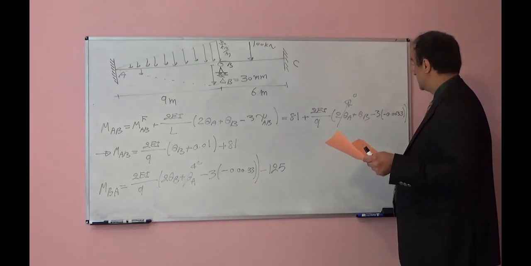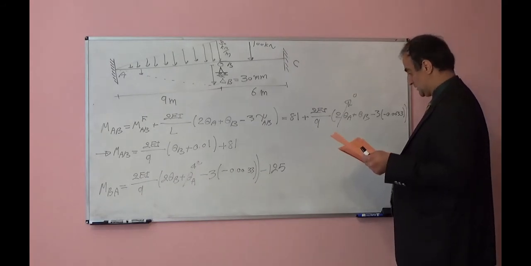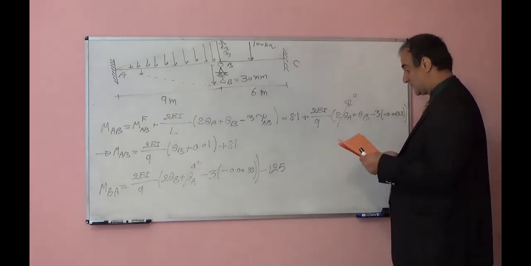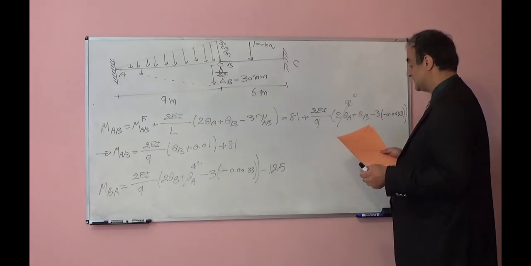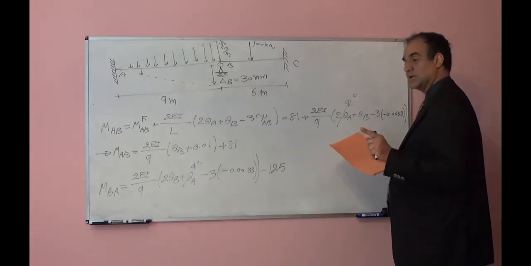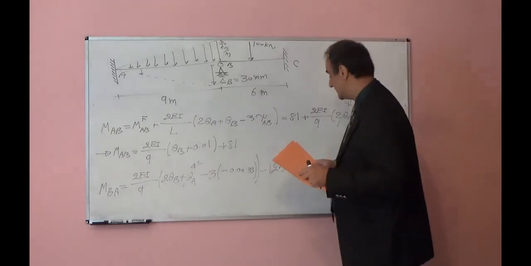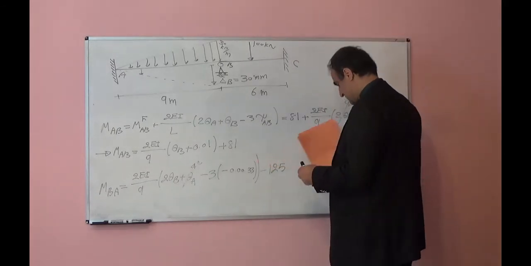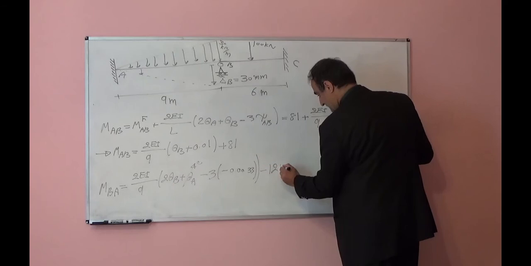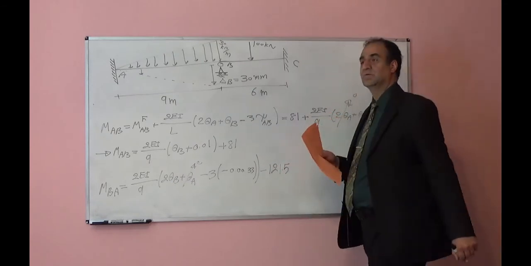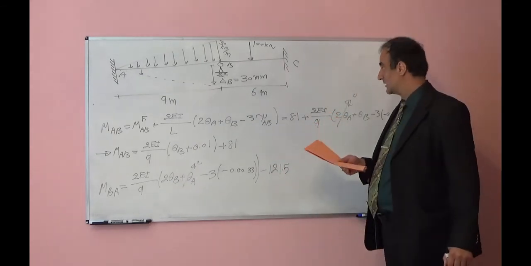Okay, let me double check this number. For M fixed BA, in one location I wrote 125, in another place I wrote 121.5. One of them should be wrong.